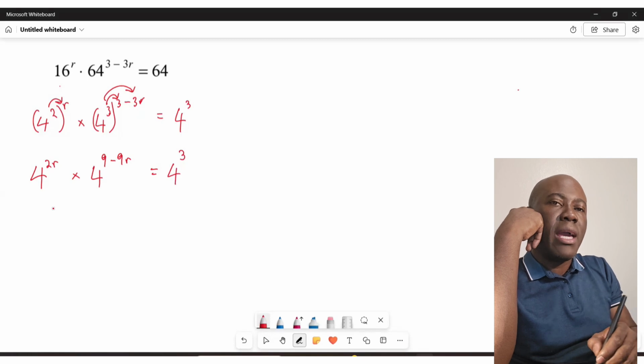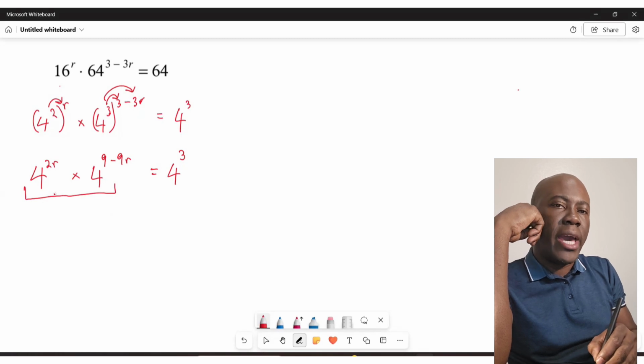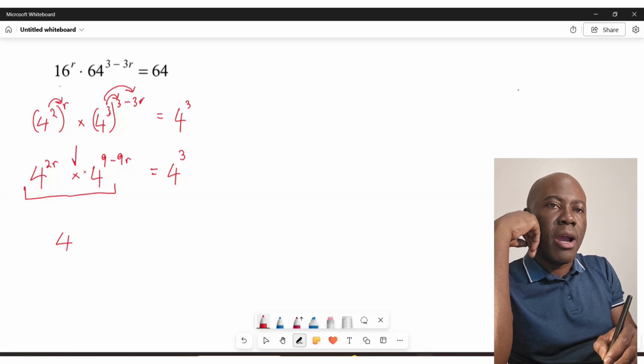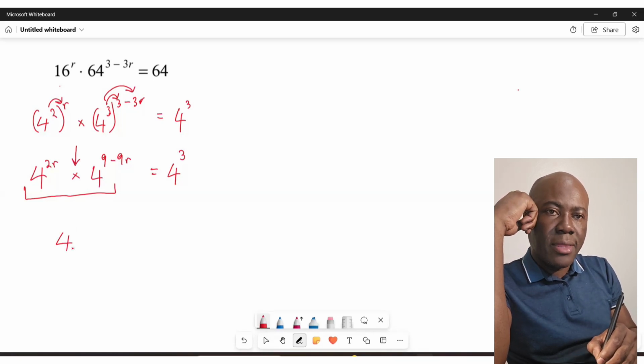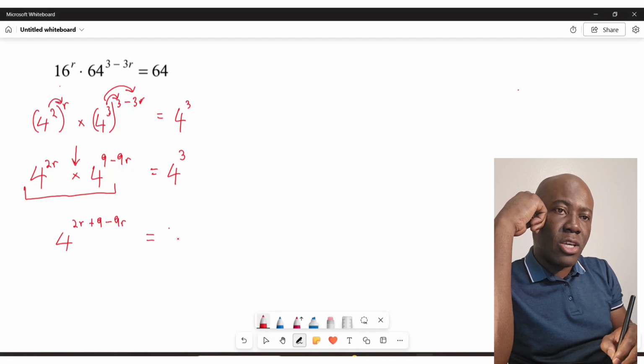At this time, we want to make sure that we only have one term on that left side, right? And it's good that we have the same base of 4, so we're going to keep that base. But what are we doing here? We are multiplying, and when we multiply, we add exponents. So in this case, we have 2r plus 9 minus 9r, and this is equal to 4 raised to the third.